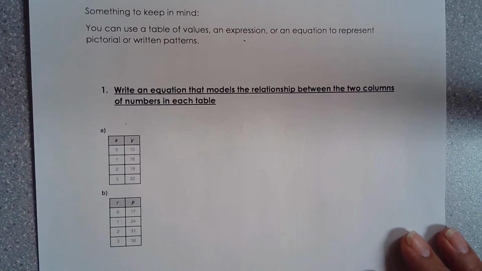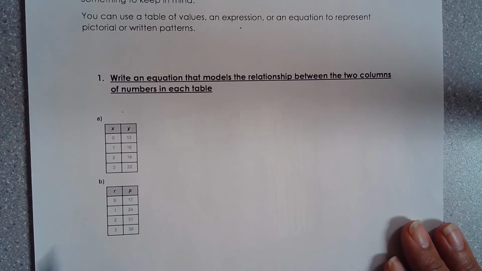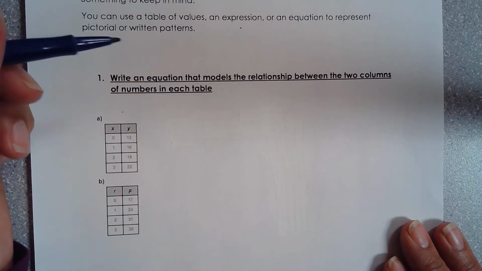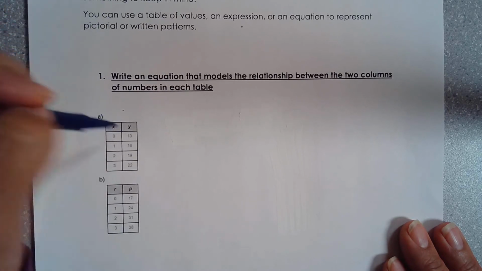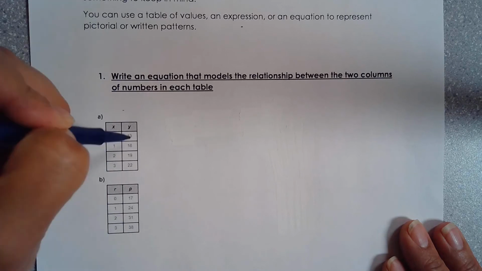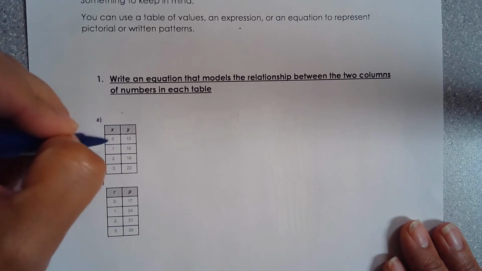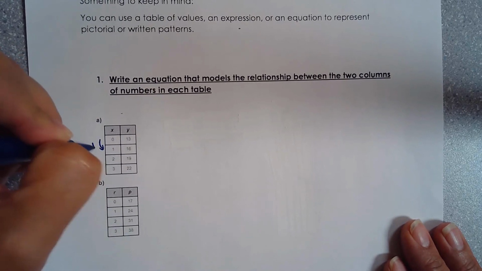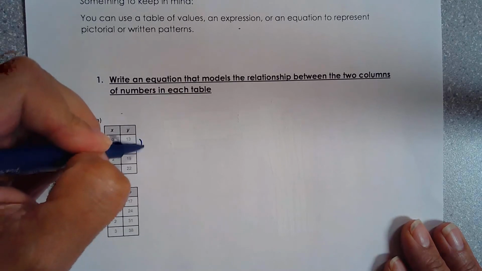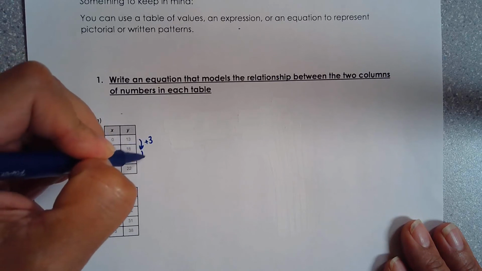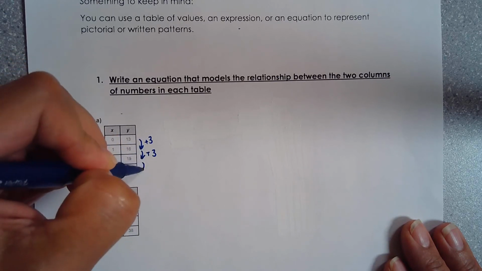So let's move on. Question number 1, write an equation that models the relationship between the two columns of numbers in each table. So here we have our x values, here we have our y values. Notice our x values are all increasing by 1, and our y values are all increasing by 3.